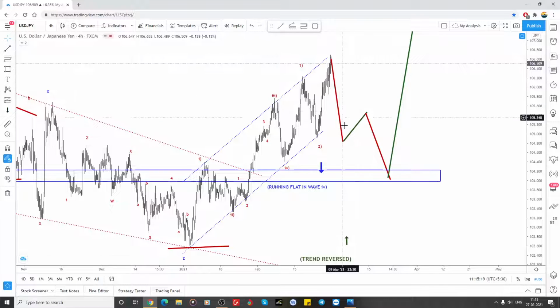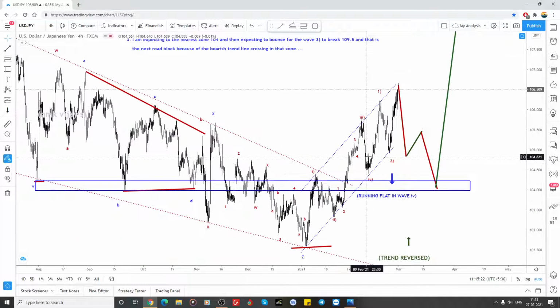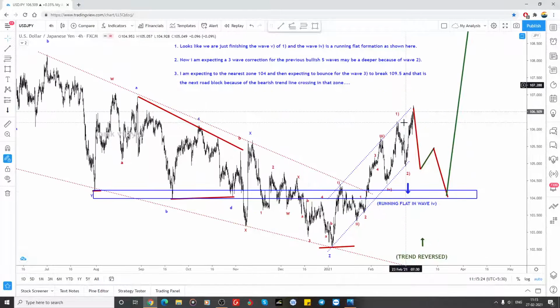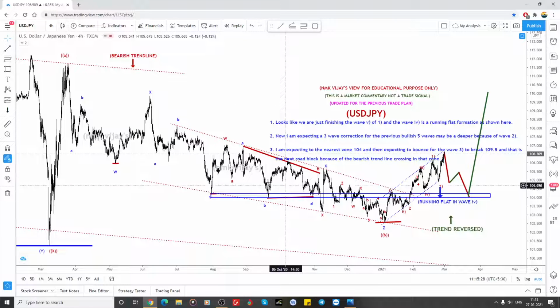It's not much, it's just 250 pips, but it will take more time than any other pair, because UJ, if it is in correction, will nearly overlap and take more time. So from here it took 1 year for nearly 900 pips, but here it shot up within 20 days.